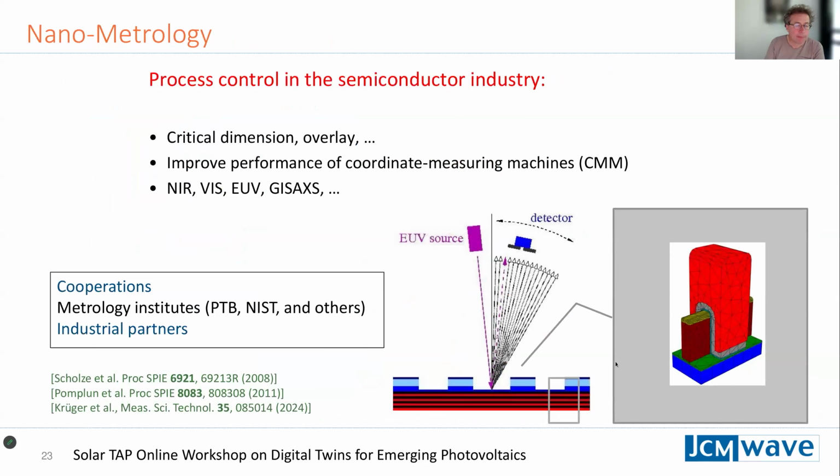Okay. Then related to microfabrication is always nanometrology. So in the semiconductor industry, typically you want to control various processes in order to stay with your critical dimensions in the fabrication windows, such that the computer chips which are produced are produced stably, and therefore during the process typically you have measurement steps.